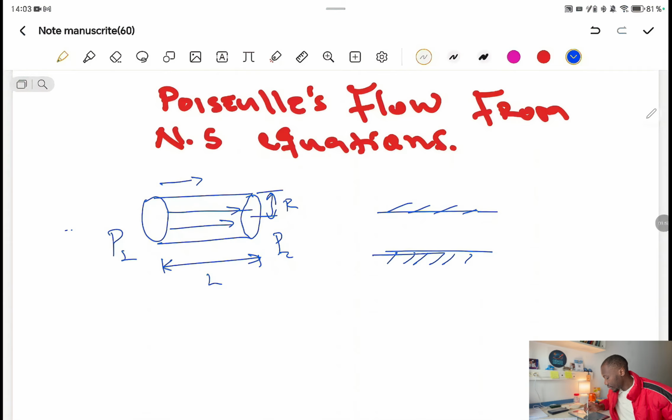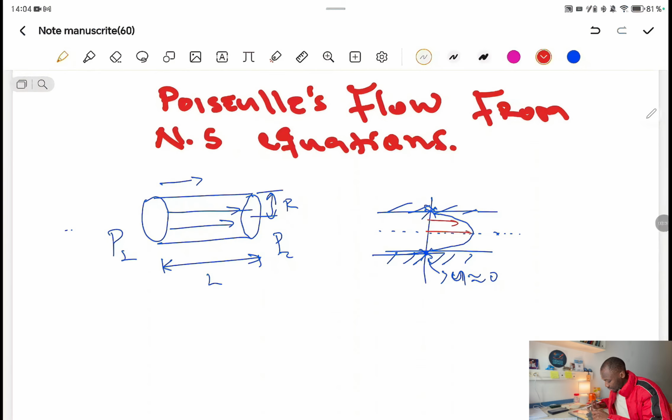We know that at the wall we have the boundary condition, the no-slip condition. Here we assume the speed of the flow is approximately 0, and here as well, and the maximum occurs where the radius is 0. So we have a profile something like this.